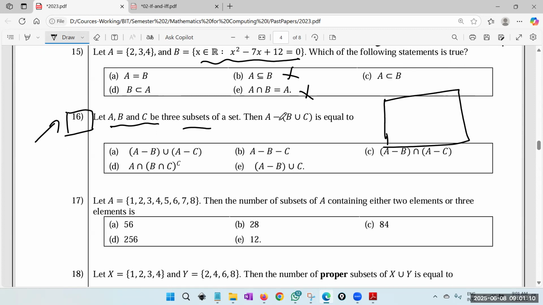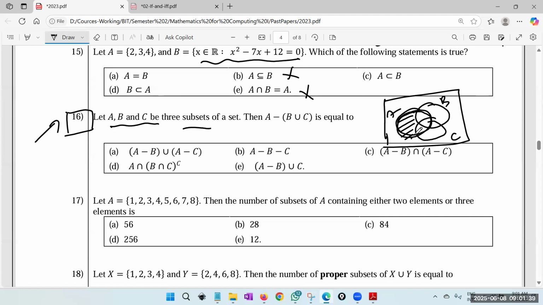A minus B union C. Let's draw it as a general thing. A, B, C. From A, you want to remove B union C elements. So when you remove B union C elements from A, what you get is this. That is basically what exclusively belongs to A.